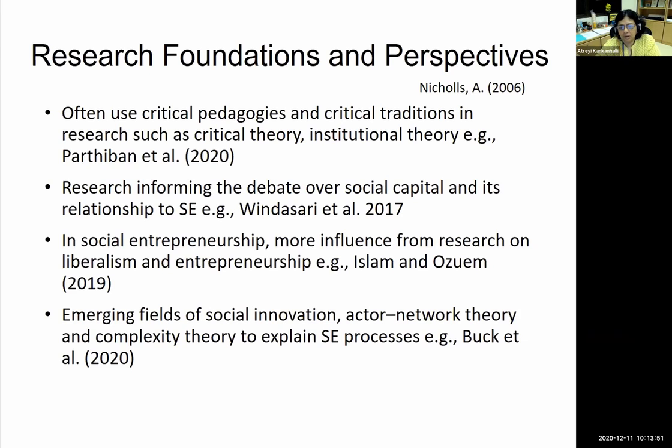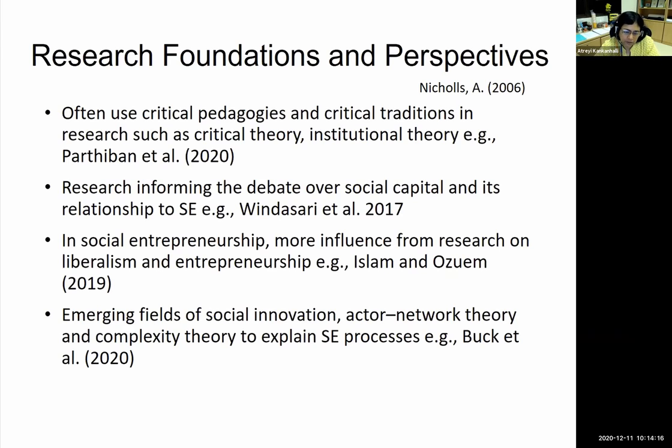That is, how do these enterprises generate social capital? So borrowing from Putnam and Bourdieu and those kind of work. Another set of studies uses the social entrepreneurship perspective, Schumpeter and others, applied to social enterprises.